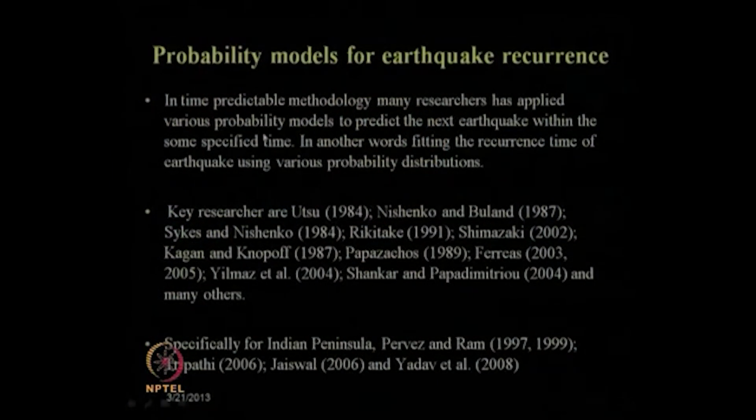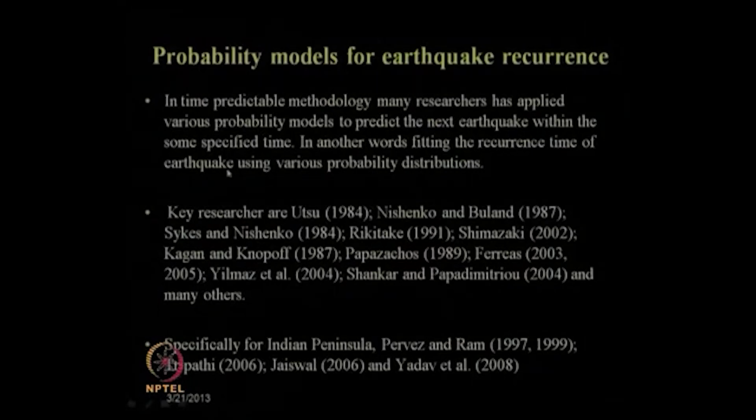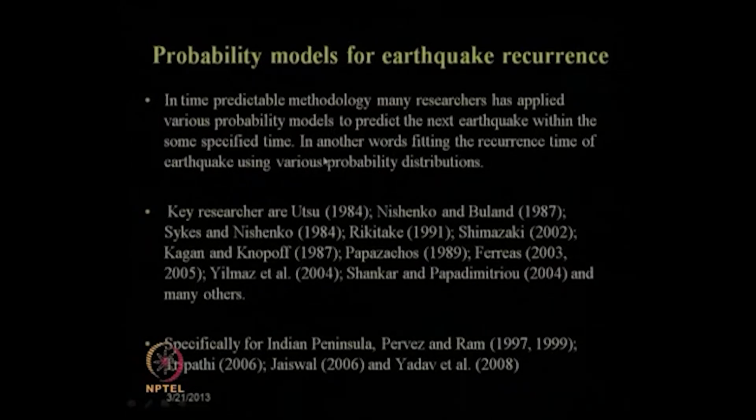So, this is how we are now going to use the various probability models, so that we can propose the recurrence time of earthquakes using various probability distributions at a particular region, which may be helpful for NGOs, government organizations, designers, practitioners, everybody, to understand that in this region there is a chance, in this time band, that an earthquake of this magnitude may occur.